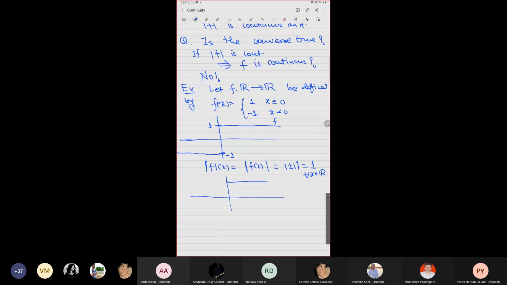There is a positive part and a negative part. But if you take the absolute value, the negative part becomes positive. It was negative, but now it becomes positive because I am taking the absolute value, and the positive part stays as it is. So this is the absolute value of f.